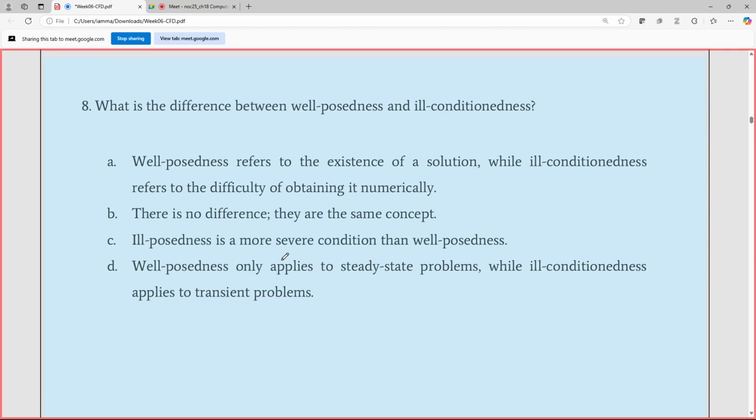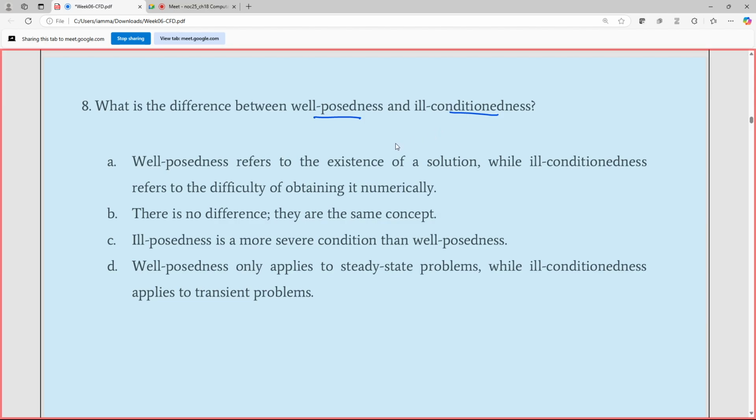Moving on to the next question. Question 8. What is the difference between well posedness and ill conditionedness? This basic question asks the difference between the two.